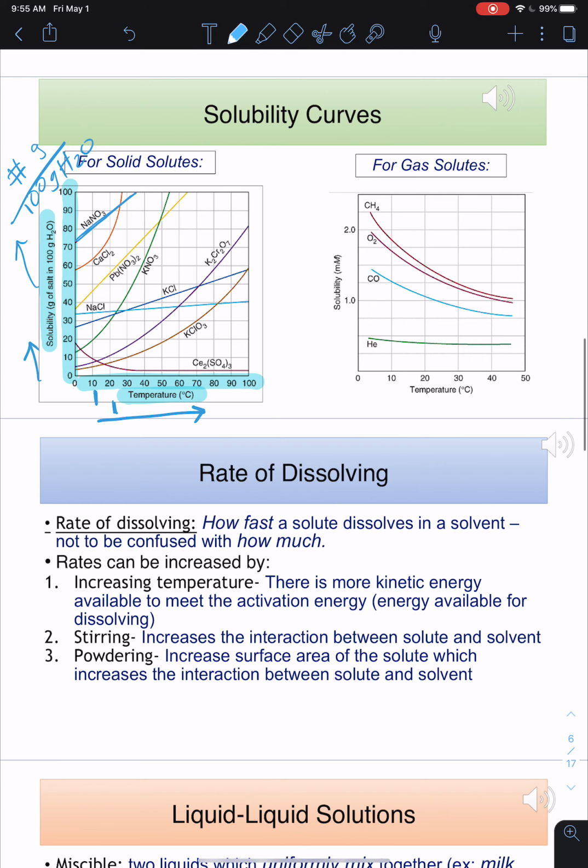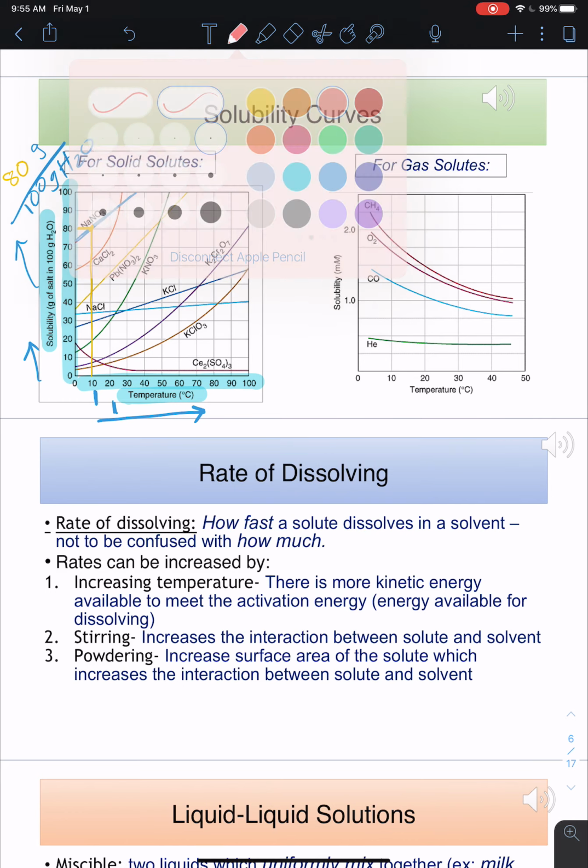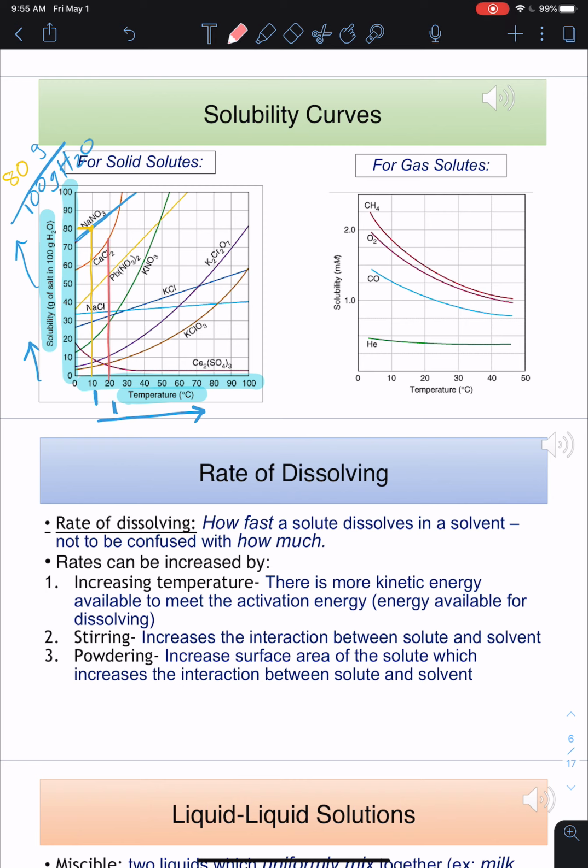At 10 degrees, let me use a different color. At 10 degrees, we'll follow this up right here. Our solubility is 80. So basically we're saying that we have 80 grams dissolving in 100 grams of water, okay? As we increase the temperature from 10 to 20, we get about 88?